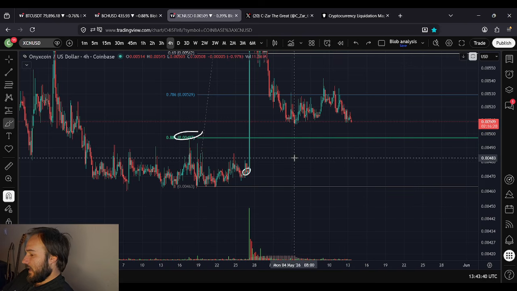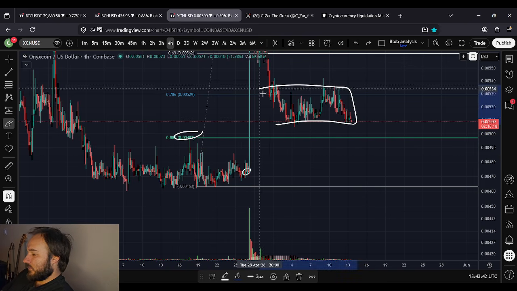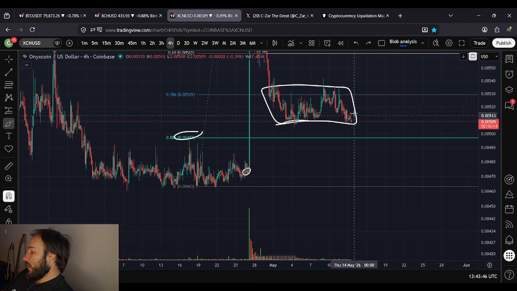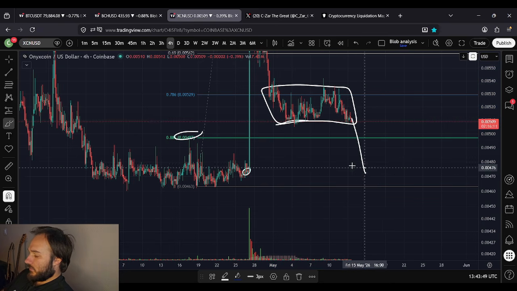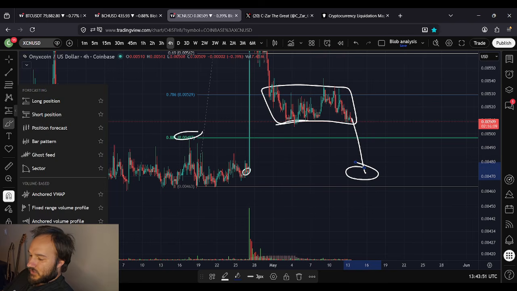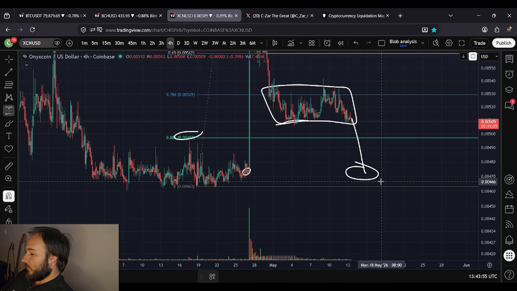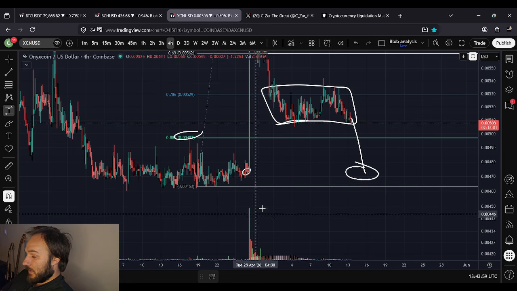We could find support there. Or if we don't see that and we do have a true breakout from this range, it's not just some type of fake out maneuver that then sends us higher, we could be coming all the way back down to 0.00472, somewhere around that area. Maybe not that exact price, but 0.0047, 0.00465. Hopefully not a lower low, right? That's what we're looking for.